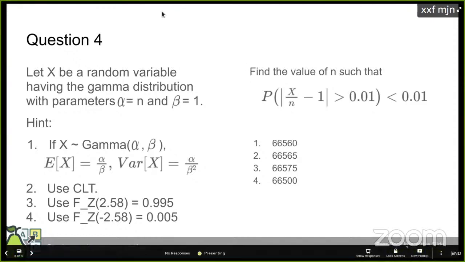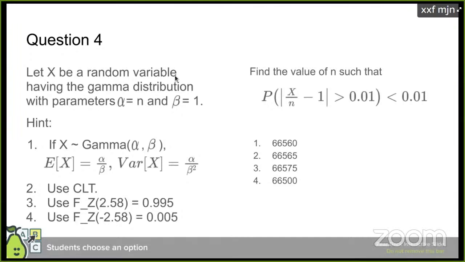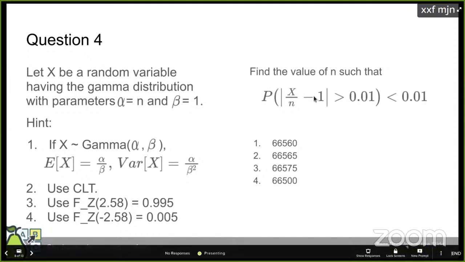Sir, it's similar to the last problem. I didn't find any difference. So all the procedure on the left side will be the same, right? But the difference is that earlier you had sigma square by n delta square, less than this one, but here you don't know. You have to first convert this X by n minus 1 to Z. So your problem will become like this.